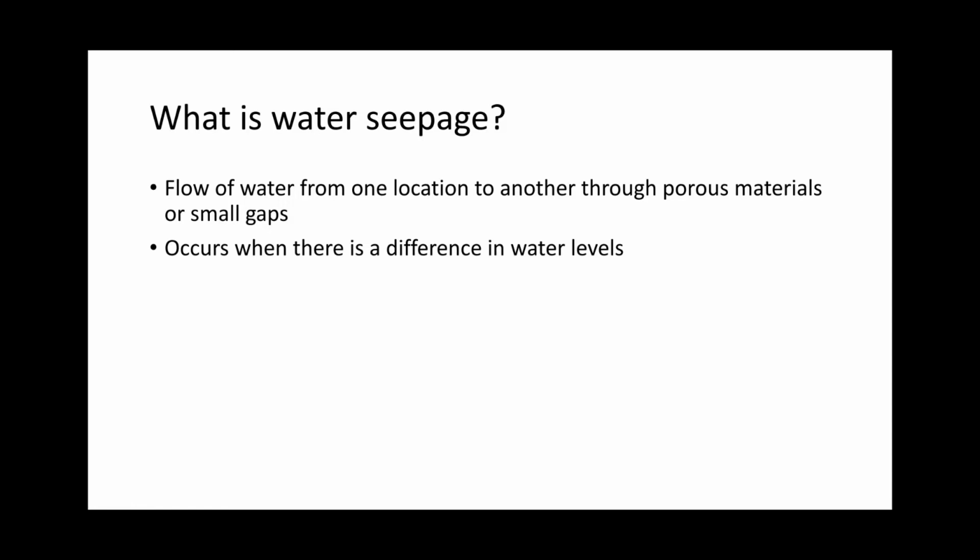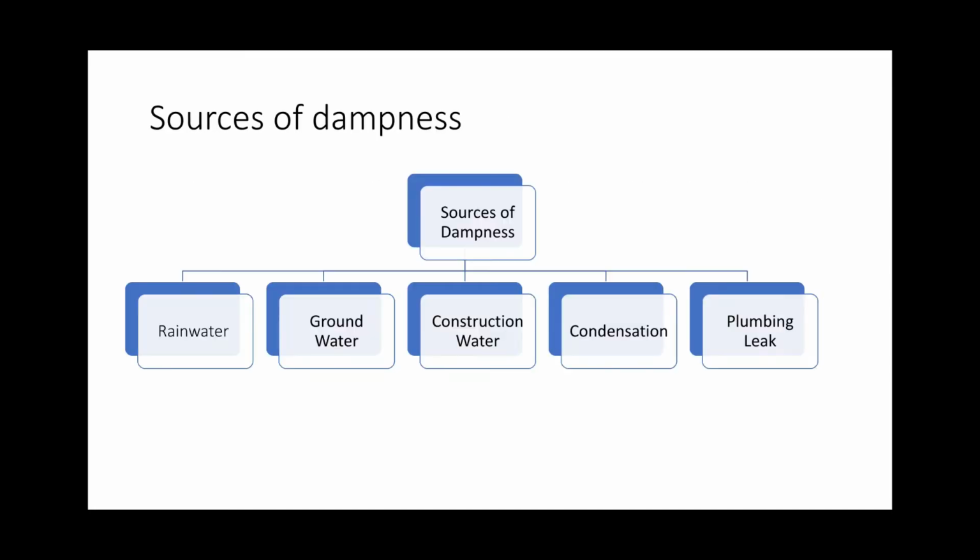Water seepage refers to the flow of water from one location to another through porous material or small gaps. It usually occurs when there is a difference in water level on both sides of a structure. Rainwater, groundwater, construction water, condensation, and pumping leaks are the main sources of dampness.